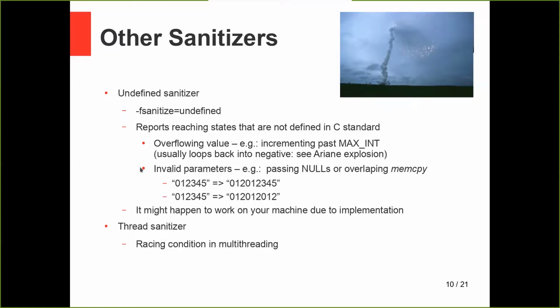Another type of situation that the undefined behavior sanitizer can help you track is finding invalid parameters to a function. For example, the memcpy function of C should never receive a null, or overlapping source and destination.